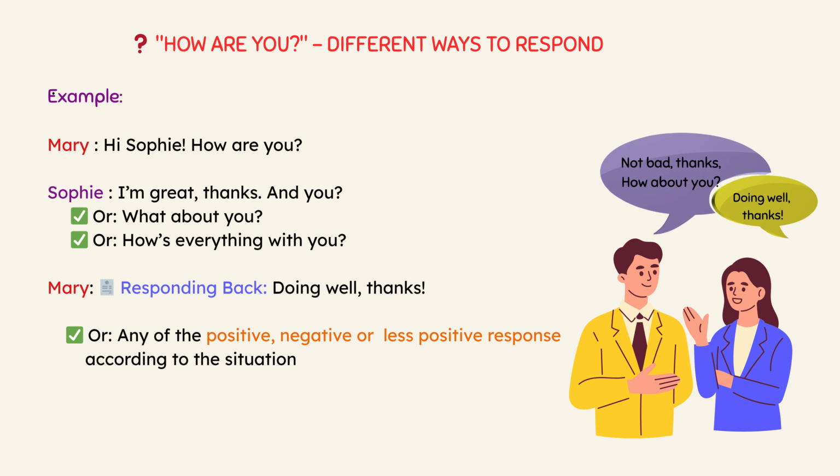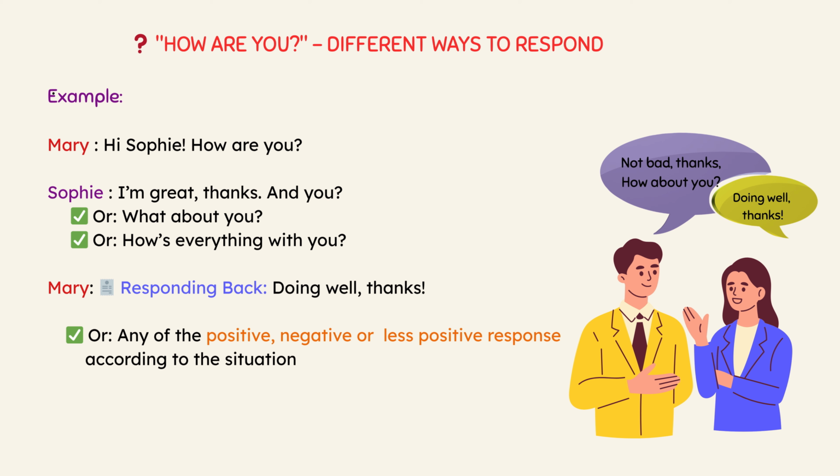Let's look at an example of how to respond and ask back politely when someone asks, "How are you?" Mary says, "Hi, Sophie. How are you?" Sophie replies, "I'm great, thanks. And you?" Or can also say, "What about you?" or "How's everything with you?"